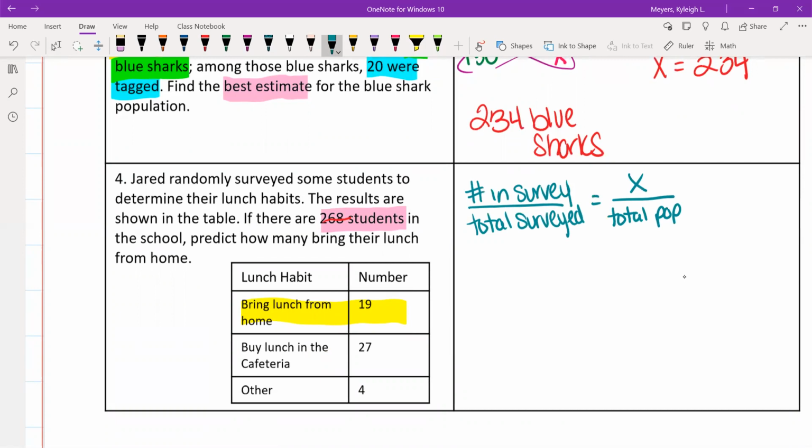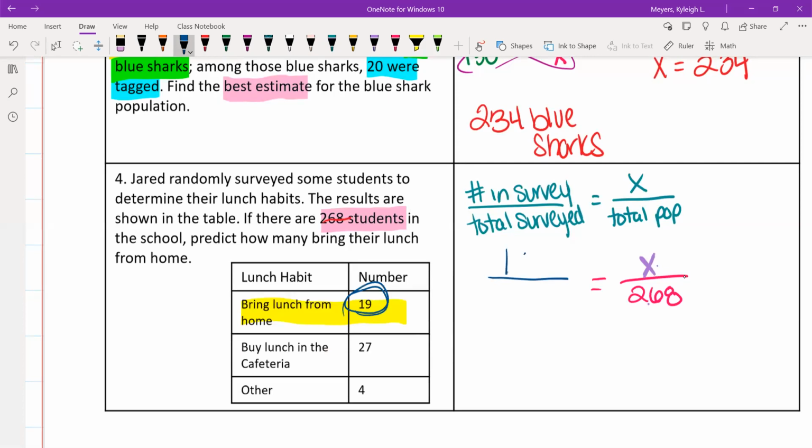Let's fill these numbers in. We know that there's a total of 268 students in the school. I want this to be my x because that's how many of the school people bring their lunches. Thinking about just their survey, how many bring lunch from home in the survey?